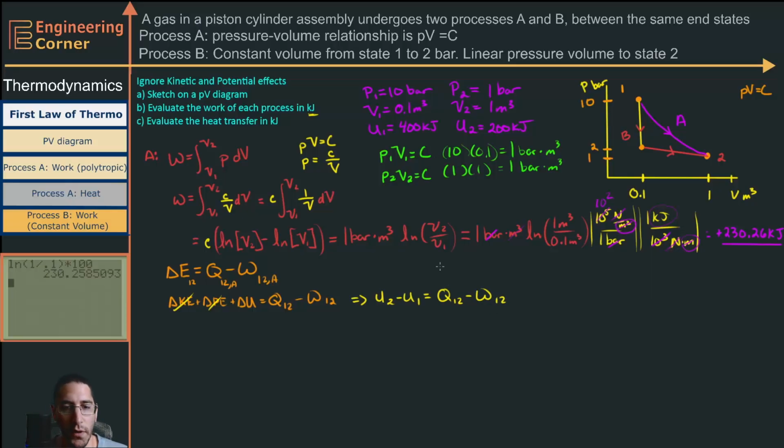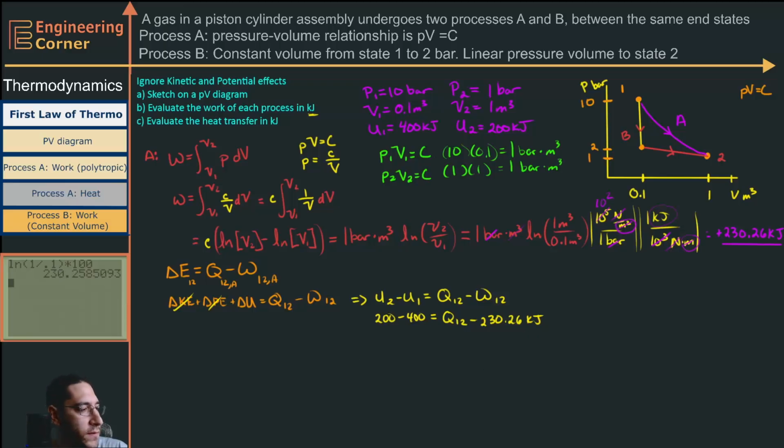Okay, let's just put our numbers in. So with our numbers, we get U2, this is 200, and it's in kilojoules, minus 400, again kilojoules, so we're good with our units, is equal to Q1 to 2, minus this work. So minus 230.26 kilojoules. Everything's already in kilojoules, so our units are good.